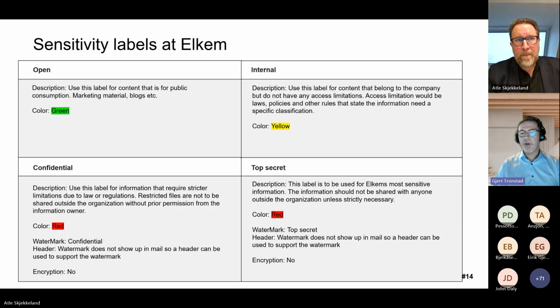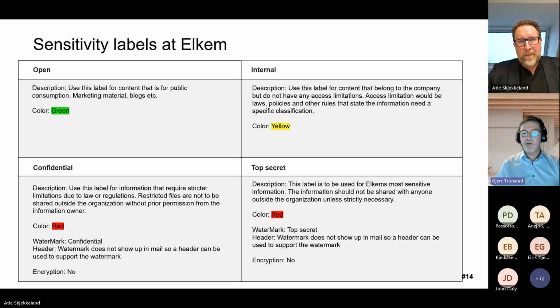All of that is now by default set to internal. And this could be used internally in the company without anything, but of course, sharing it outside, we should be more cautious. And then you have the two last ones, which are confidential and top secret, where we, for instance, in top secret say it should not be shared with anybody outside of the company. And we also can have things like where should it actually be stored? So you can't store it wherever you want.